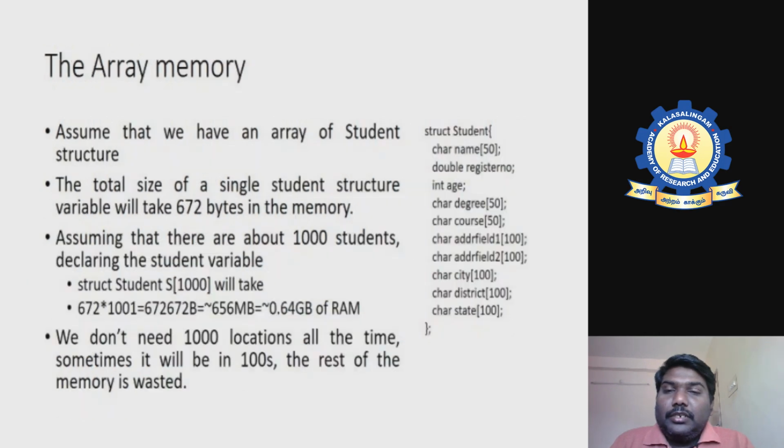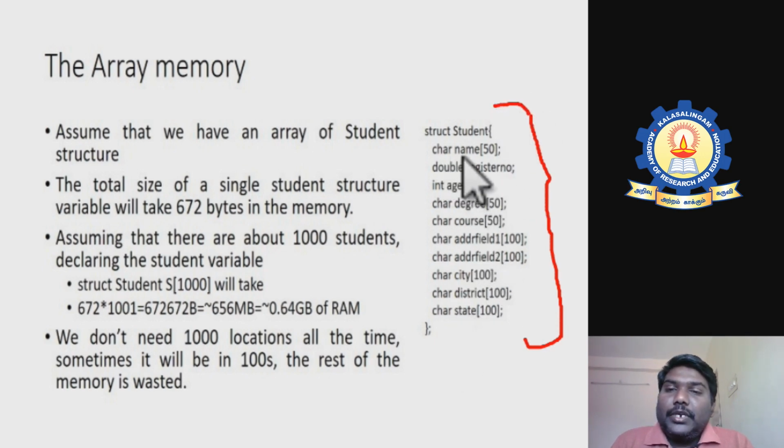The second and bigger problem is that when we declare a huge array, the memory taken in the RAM is very huge. Assume we have an array of students, that's an array of structure. This is the structure we are having, I'm just taking an example.